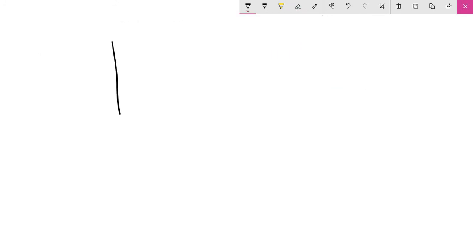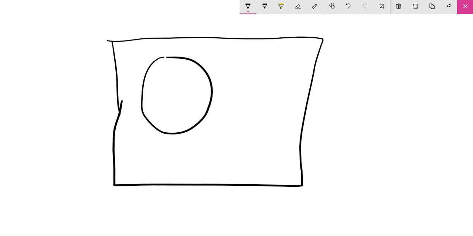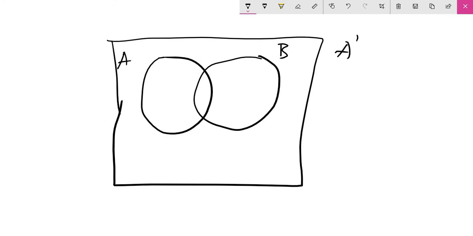So we have, oh God, not drawn to scale. So we have A and B, all right? So A complement union B complement. Okay. So where is A complement?